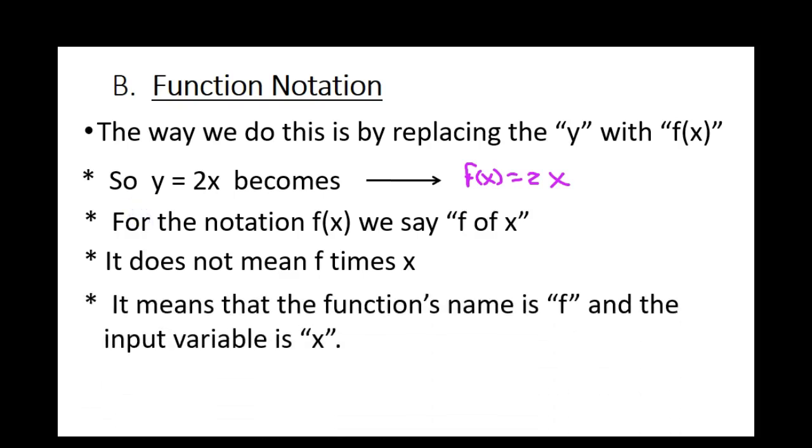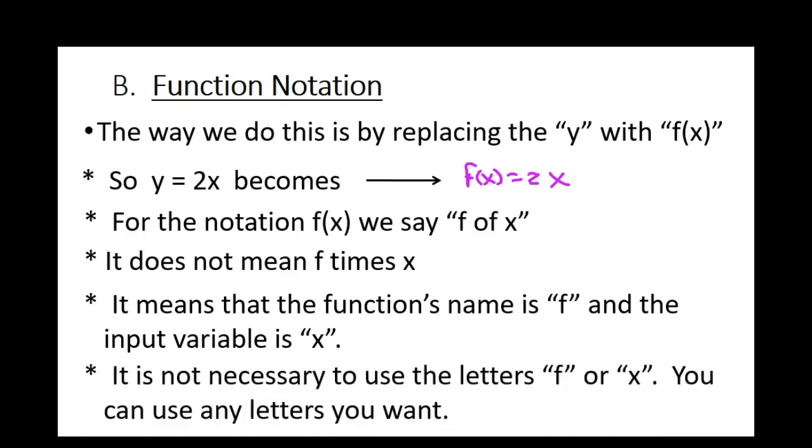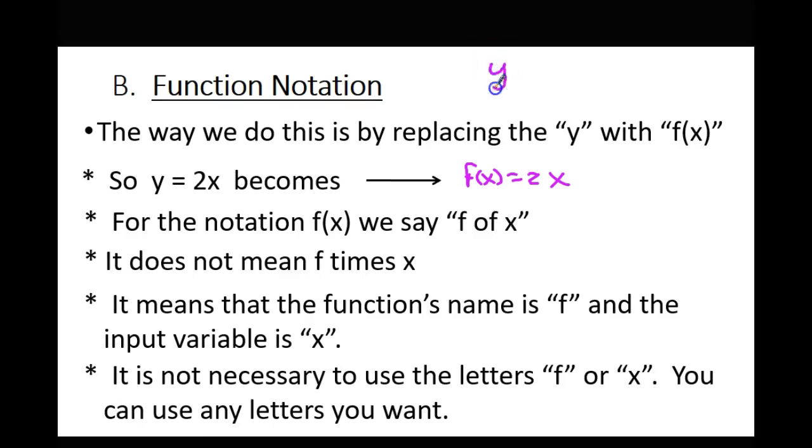Next, it means that the function's name is f, and the input variable is x. The number we're plugging in for is x. That's what it means. It's not necessary to use the letters f or x. It could be anything. For instance, instead of y equals the square root of x, I could write y equals the square root of m.